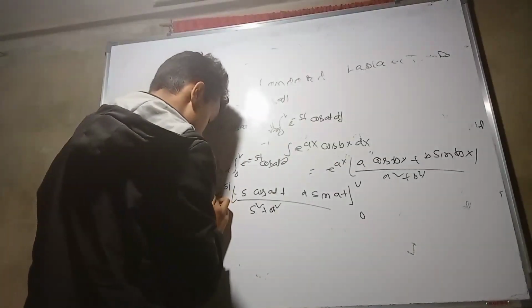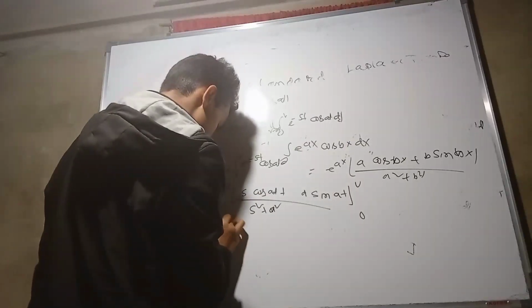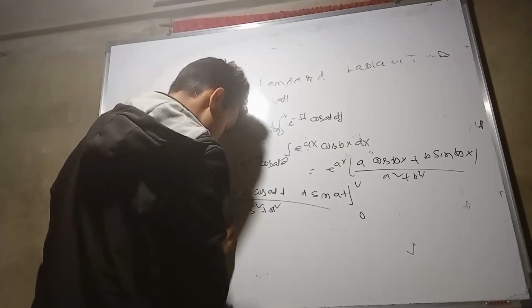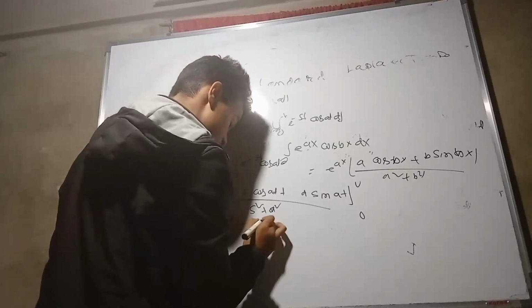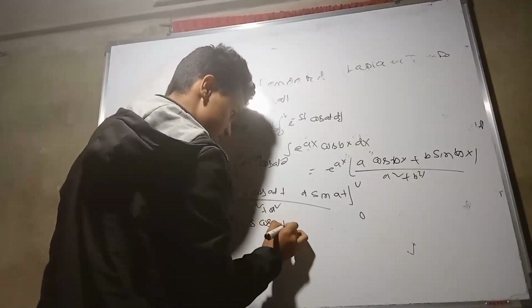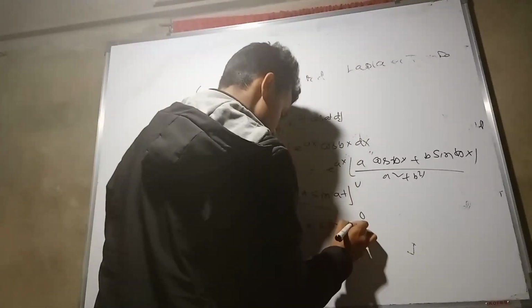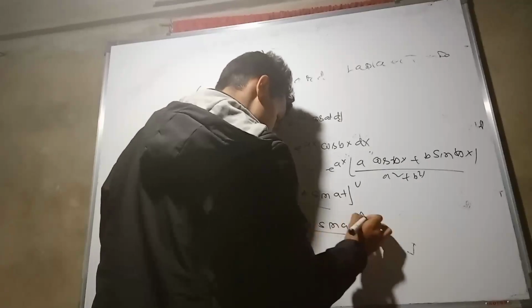Taking the limit as b tends to infinity, we get e to the power minus sb times (minus s cos ab plus a sin ab) upon s squared plus a squared.